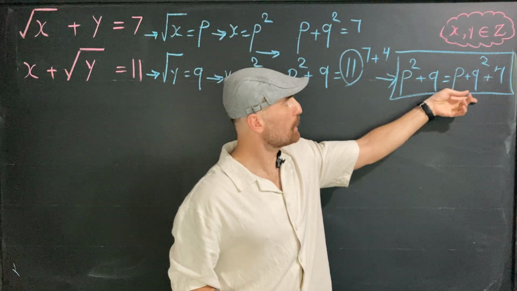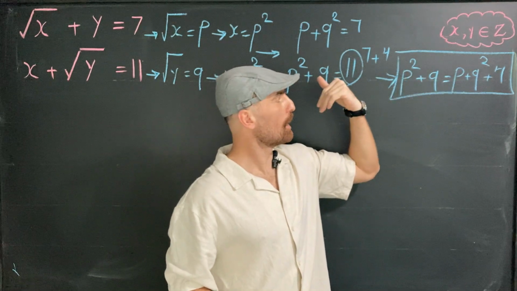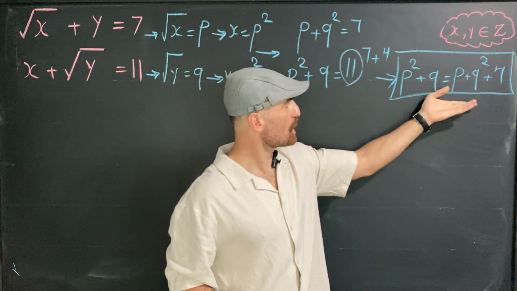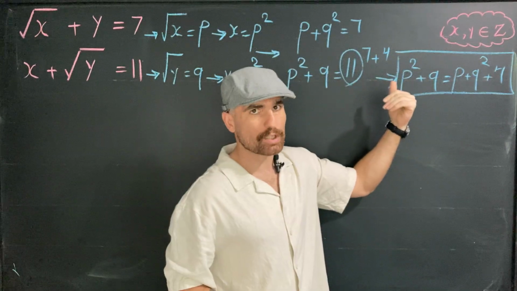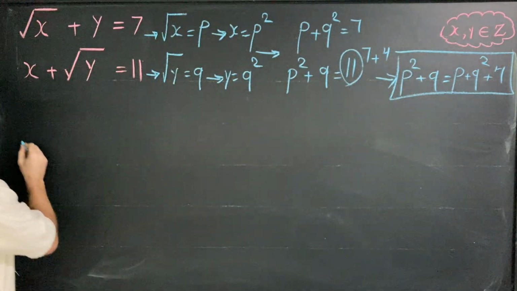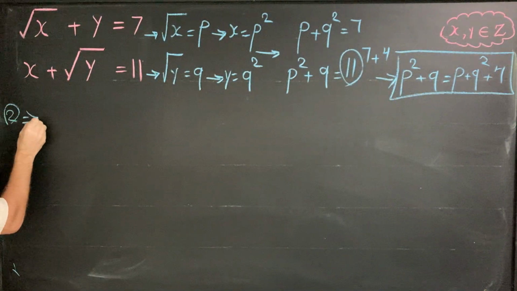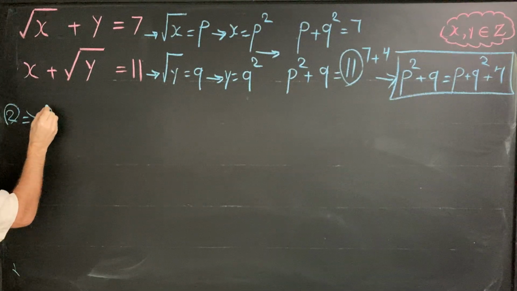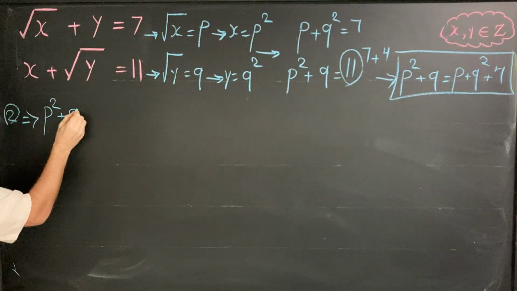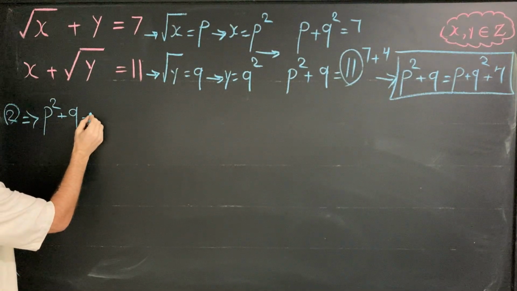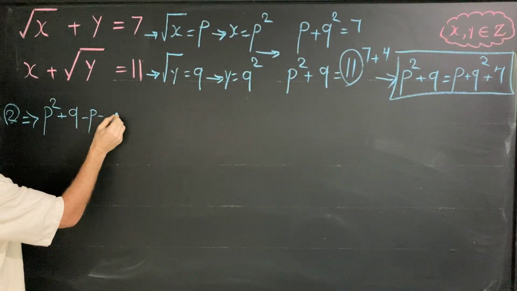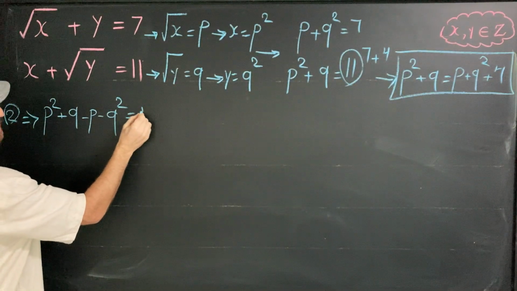Let's take both p and q squared to the left side. Remember, when we change the side, we need to change the sign. So equation number 2 is going to be p squared plus q minus p minus q squared equals 4.